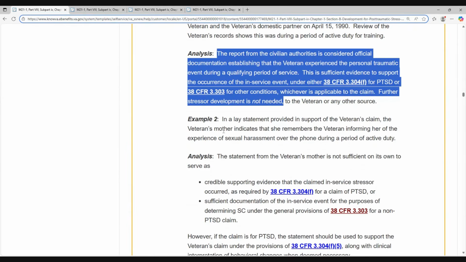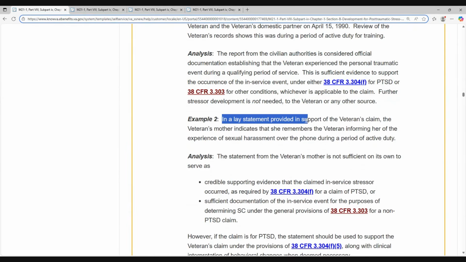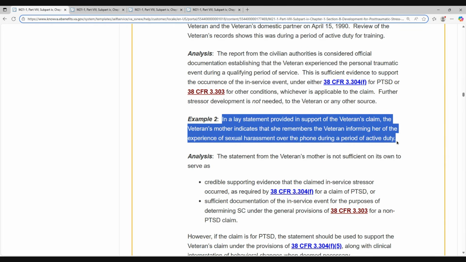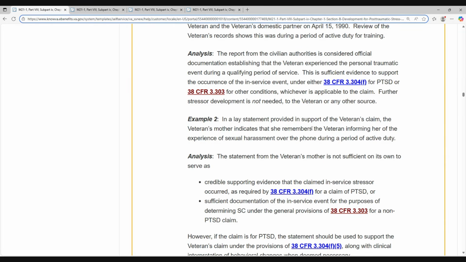Now, in example two, in a lay statement provided in support of the claim, the veteran's mother indicates that she remembers the veteran informing her of the experience of sexual harassment over the phone during the period of active duty. So this would be a lay statement by the mother on behalf of the service member's claim for MST, for sexual harassment.